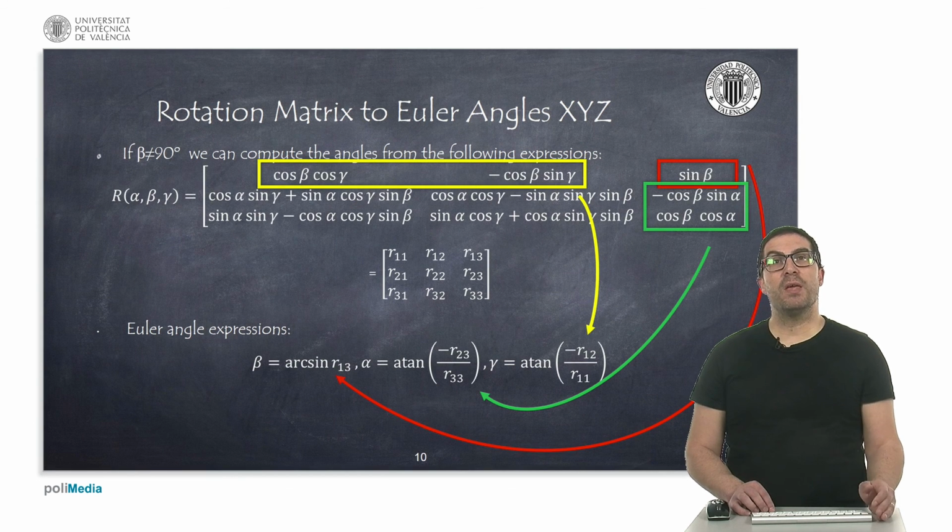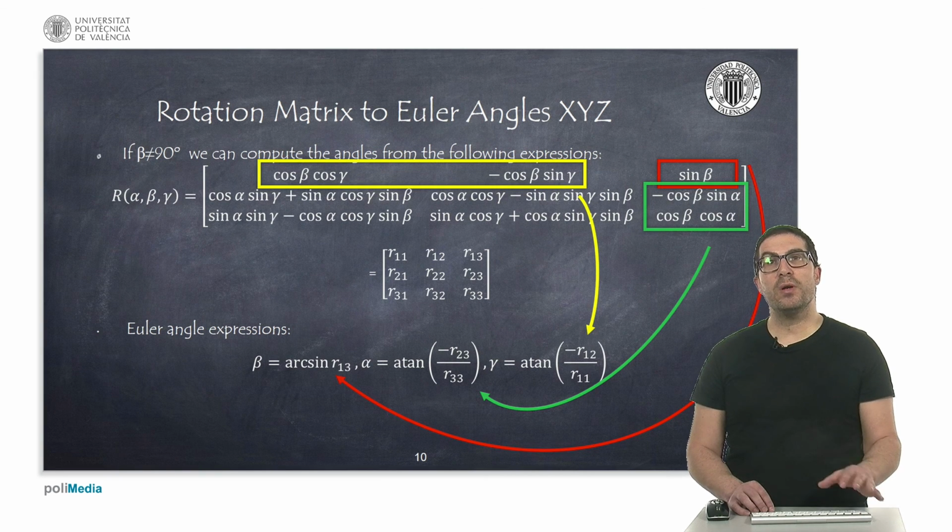On the contrary, if we intend to obtain Euler angles from a rotation matrix, then we have to take a look at the symbolic expressions of the rotation matrix in Euler angles. If we observe element 1,3 of the rotation matrix, the one highlighted in red, it is only affected by the beta coordinate of the Euler representation. So the arcsine of this number is this coordinate.